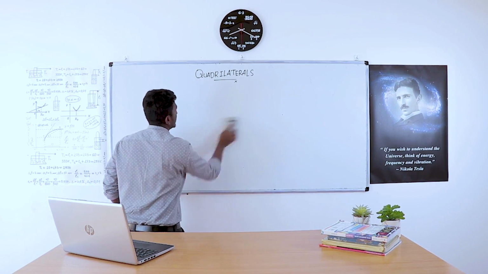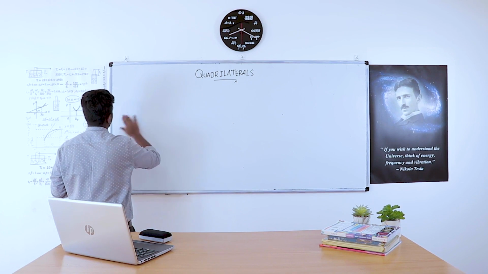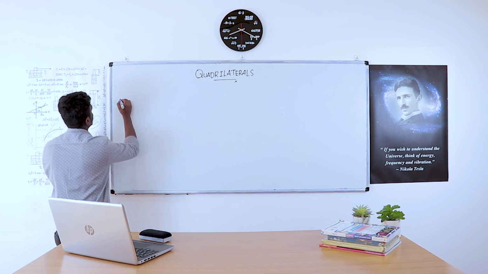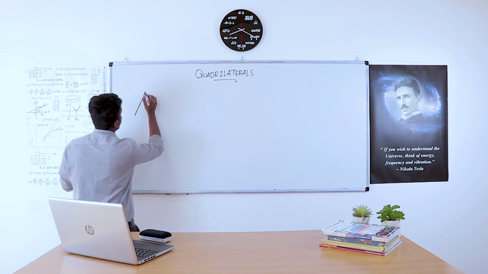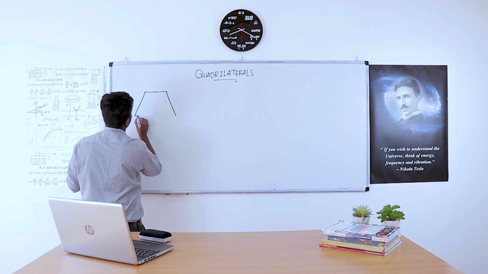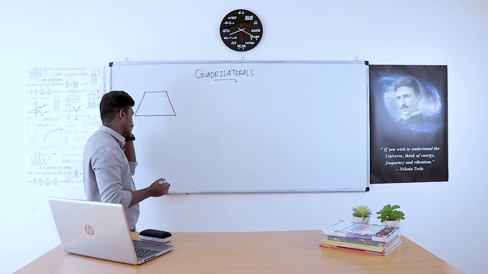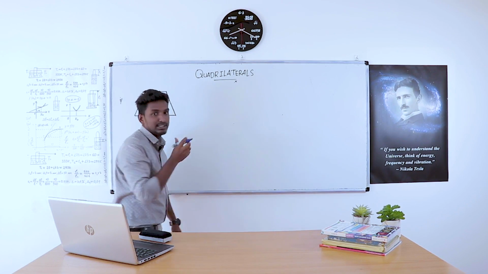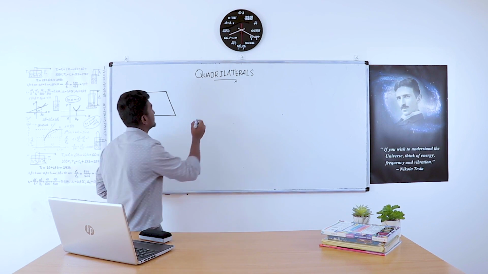Okay. Now, first type of quadrilateral. I am drawing a quadrilateral like this. This is our first category. I will name it after drawing all the figures, and then we will discuss the features.